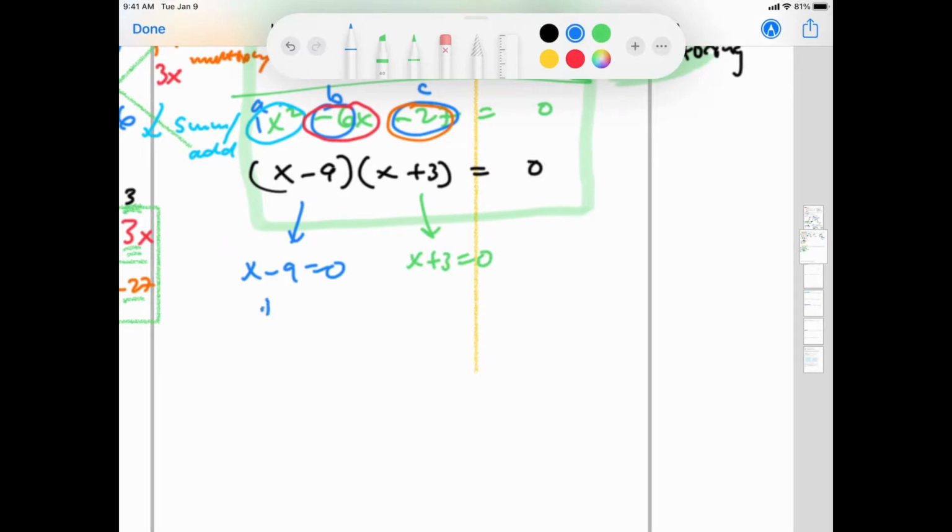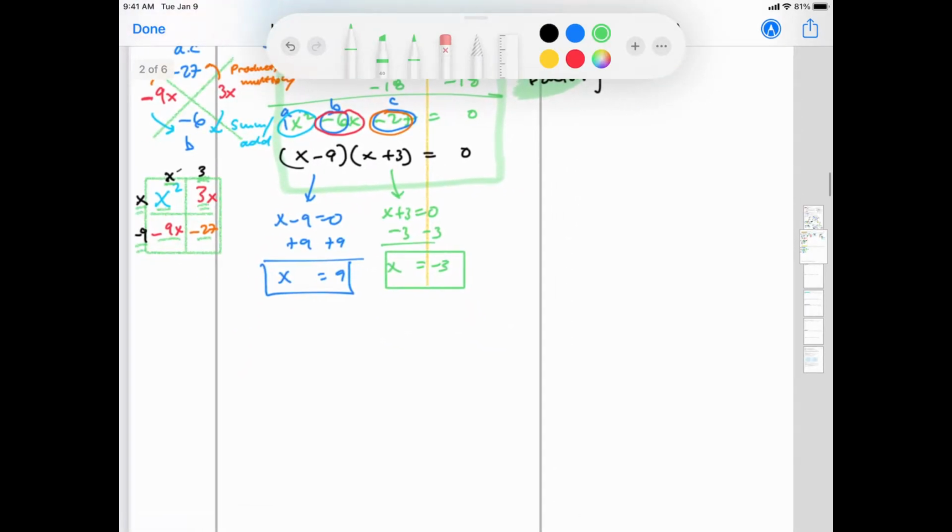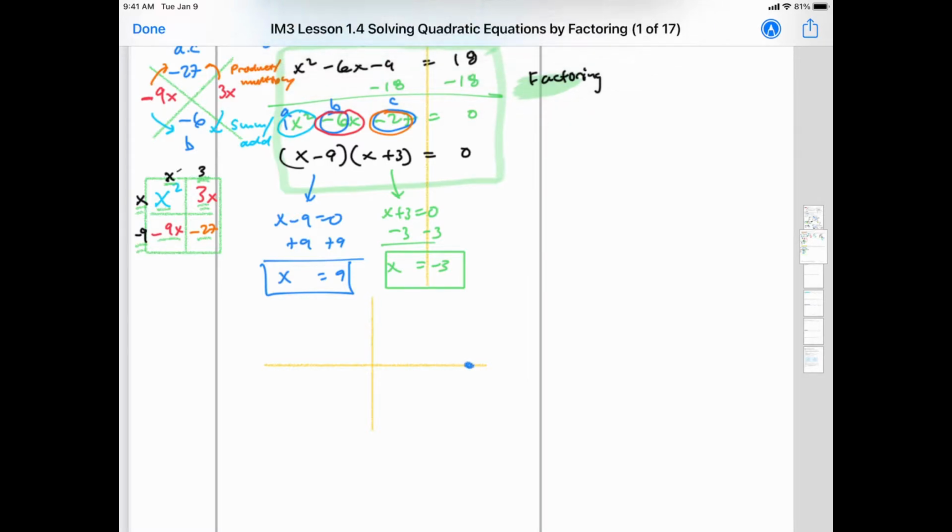If I solve over here, I get x equals 9. And over here I subtract 3, x equals negative 3. And remember the big idea here. If you're actually graphing this, this is 9.